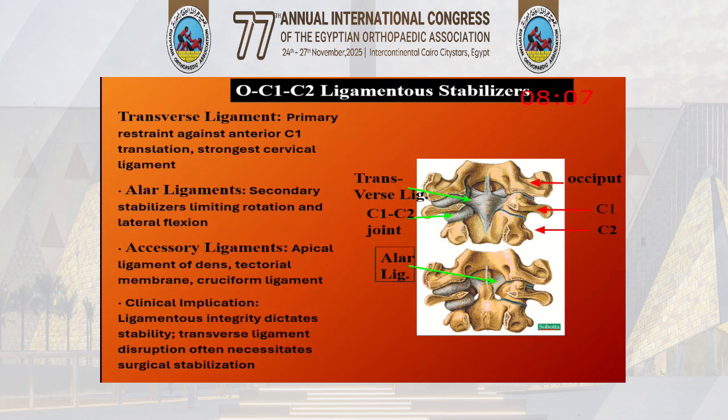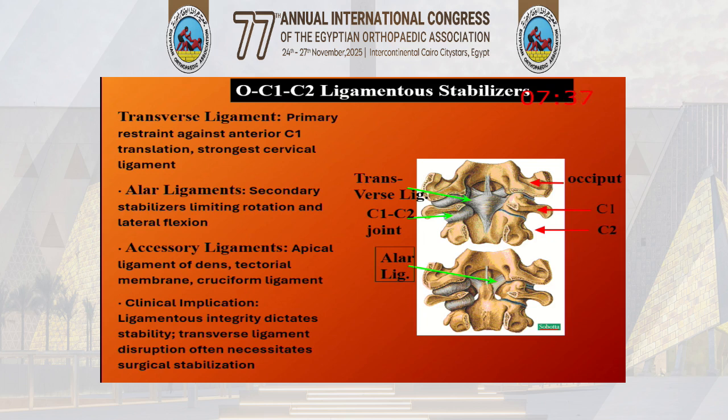The ligamentous stabilizers: the most important is the cruciate ligament, including the transverse ligament, which is attached to the medial surface of the lateral mass of C1.